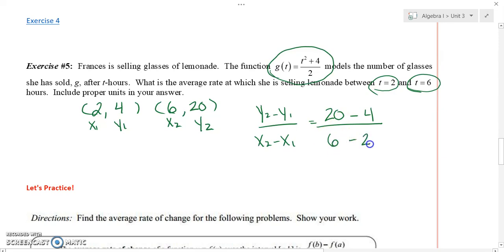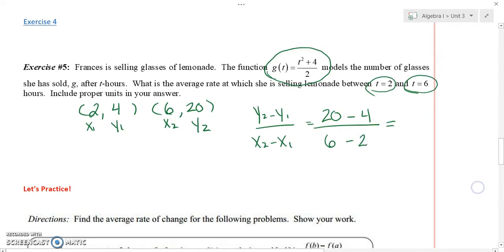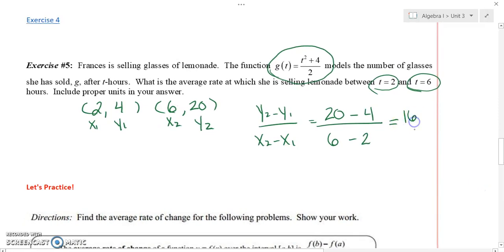What is our x1? 2. 20 minus 4 is 16. 6 minus 2 is 4. Well, what's 16 divided by 4? 4. Now it says include proper units. What are we talking about? We're talking about glasses she sold in an hour. So this is 4 glasses per hour.